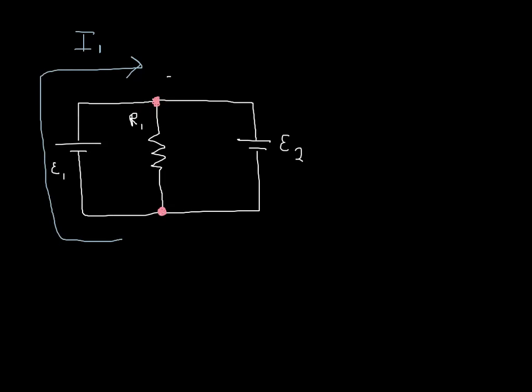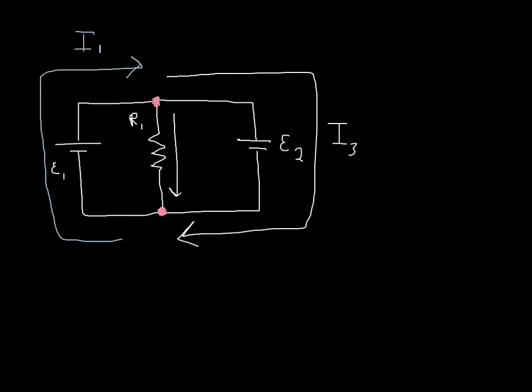I'm going to call one I3, the current that goes into the right-hand side of the circuit. And then I have a bit of current that can go down through this middle part, and I'm going to call this one I2.